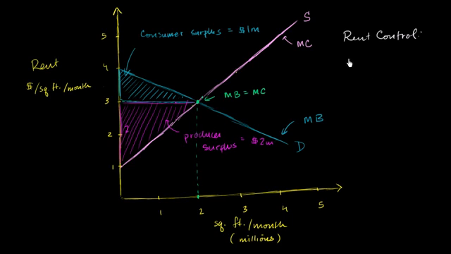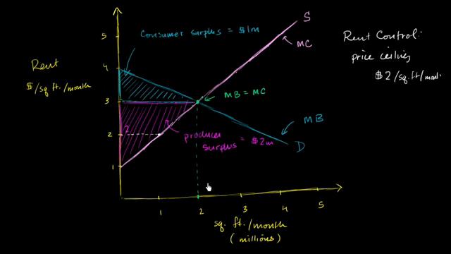So let's just say that they set a price ceiling of $2 per square foot per month. So they set a price ceiling right over here.